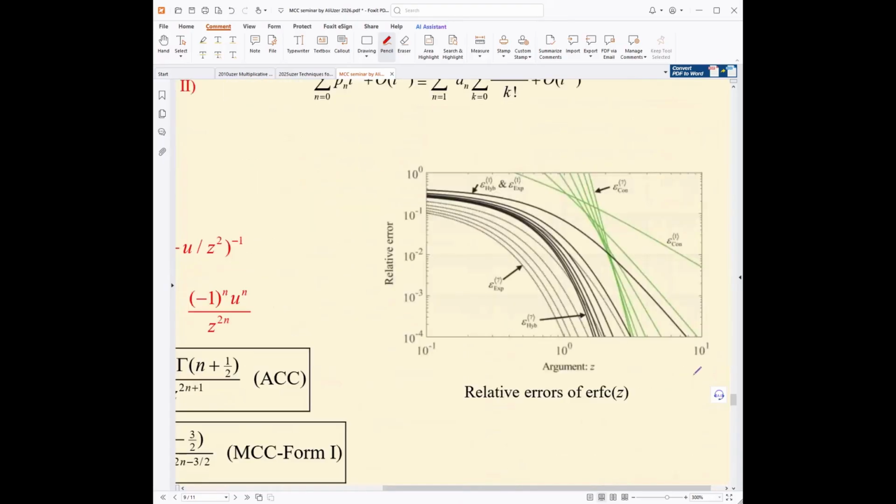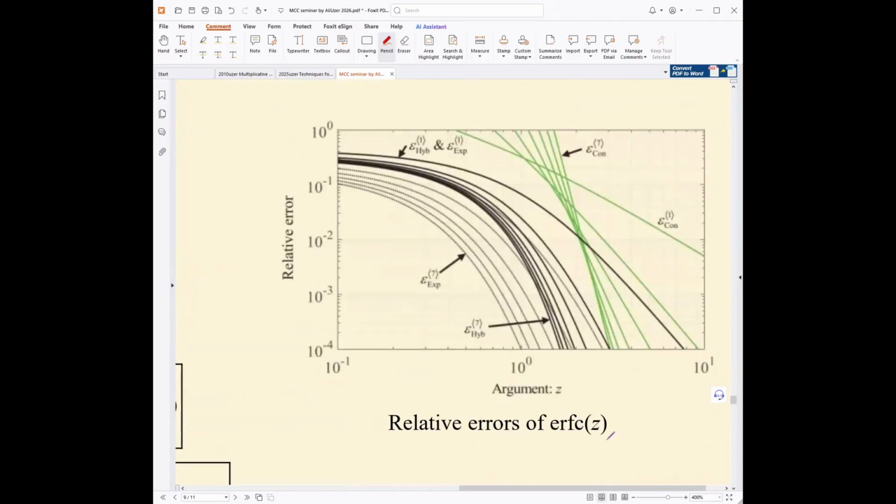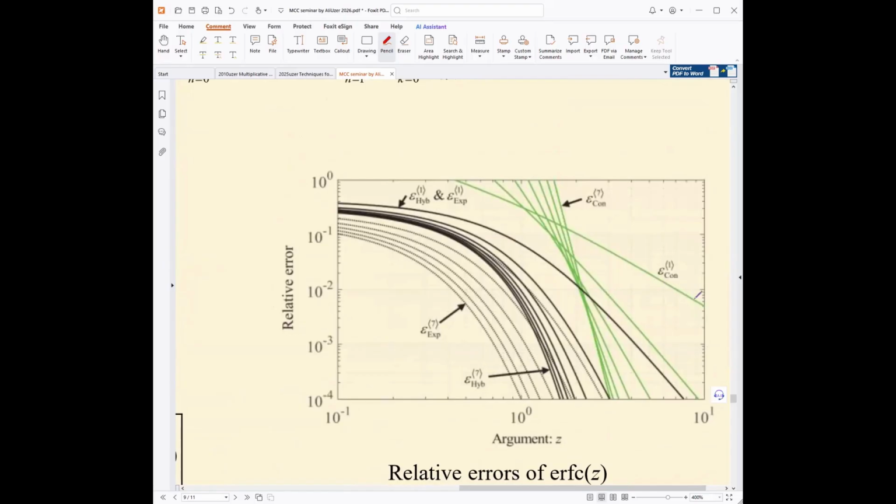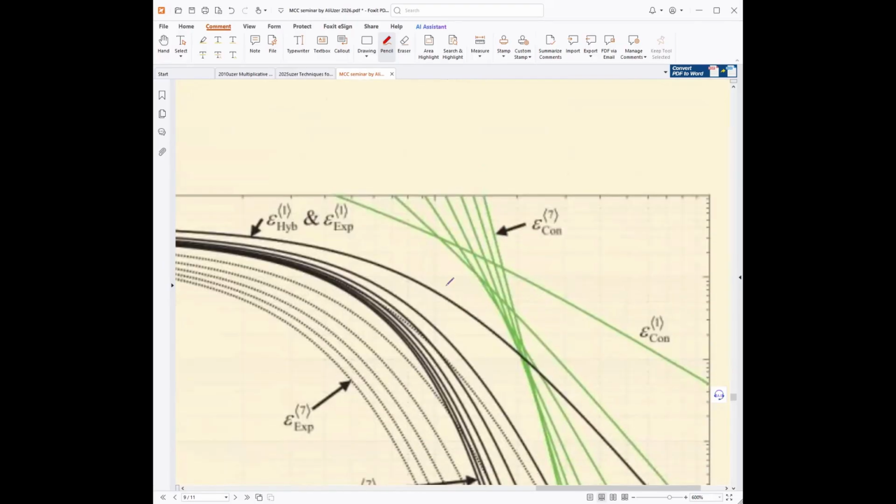One of the numerical results is as shown here, the relative errors of the error function. When the calculations are done using the conventional calculus, we get these green curves. This green curve, epsilon 1, means when the leading term of the asymptotic series is used.